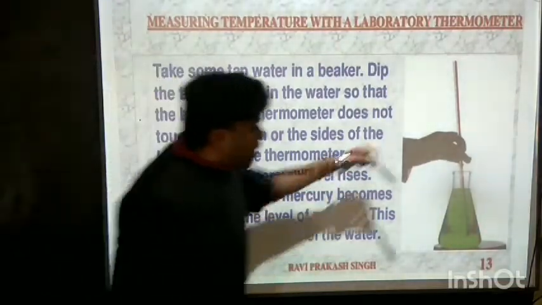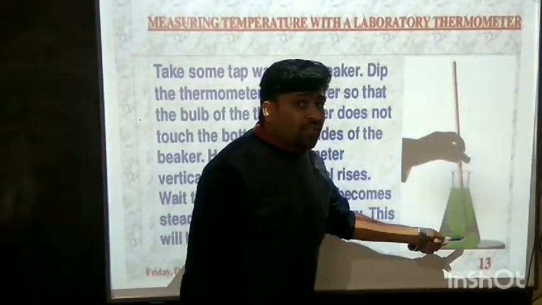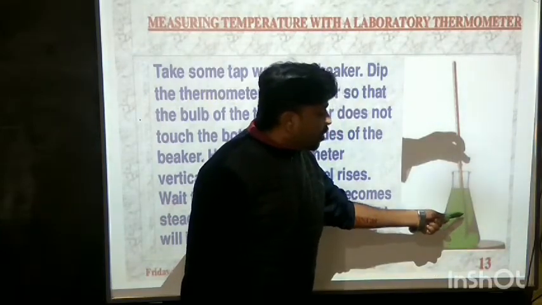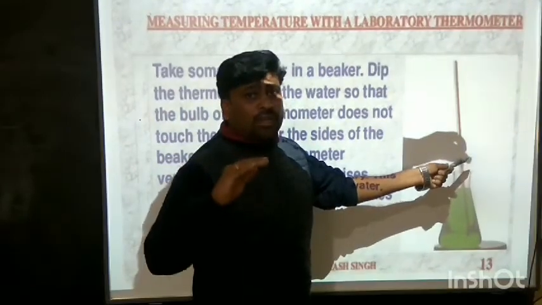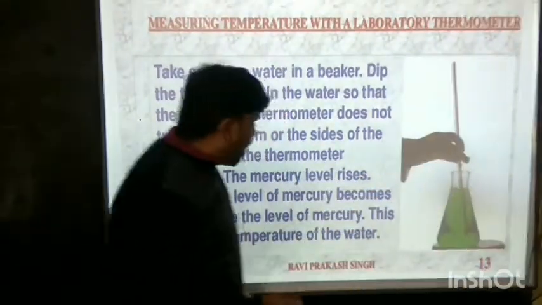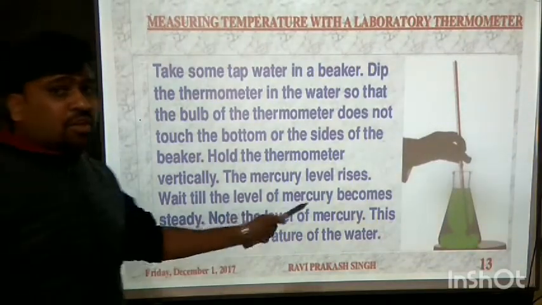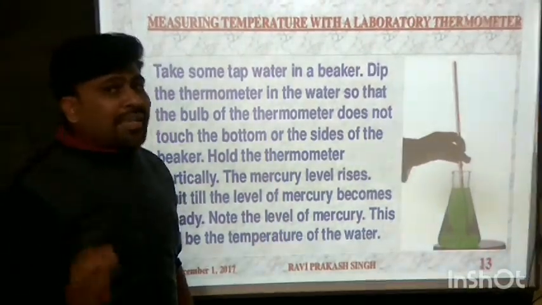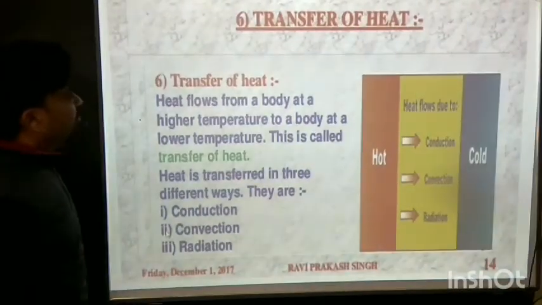Clear? At first the mercury level is at -10 degrees Celsius. After some time the level of the mercury rises, and after a little while it becomes steady. After that, you read the temperature of the water. Like that, you have to use the laboratory thermometer.